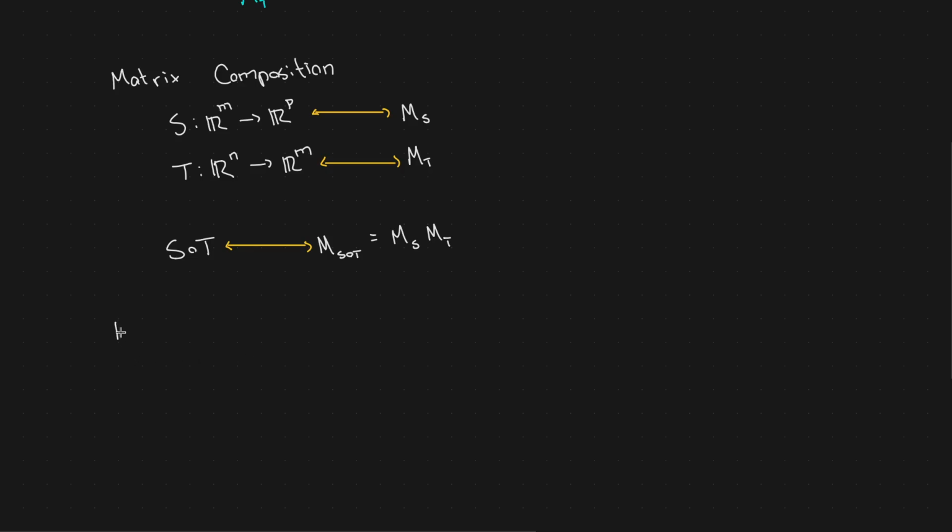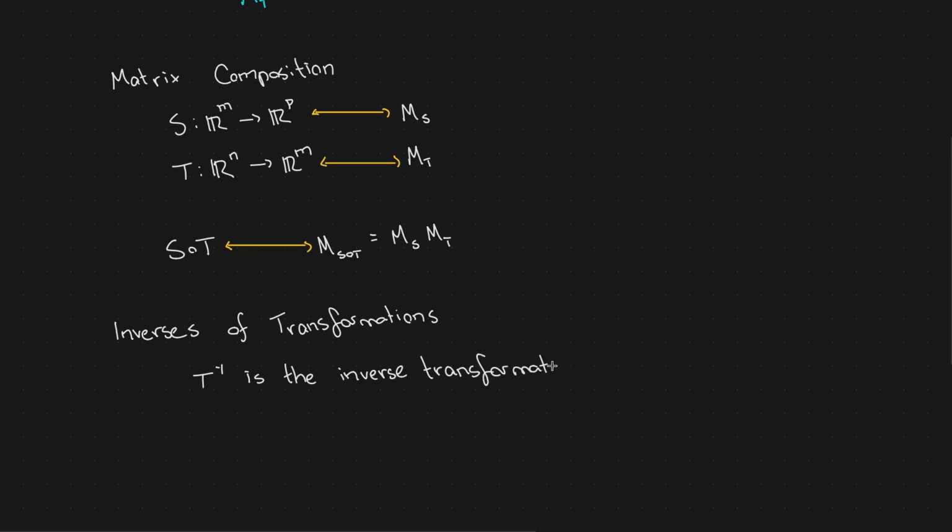Similarly for inverses. So if we look at the inverses of transformations, if T inverse is the inverse transformation of a linear transformation T, then the standard matrix of the inverse transformation is the inverse matrix of the original transformation.